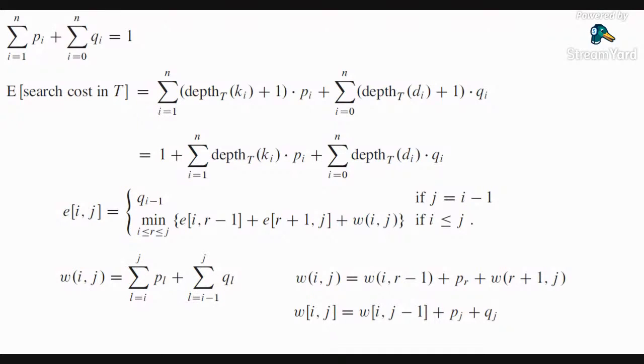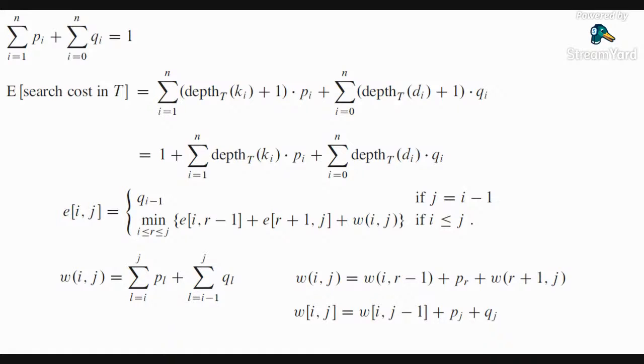But in the case of unsuccessful search, the initial index starts from i minus 1. So a single key from i minus 1 to i minus 1 is considered, and that is nothing but an unsuccessful search. For that unsuccessful search, the probability is nothing but q(i-1), when j is equal to i minus 1. So we just consider this unsuccessful probability. For an example, if we consider E43, what do you mean by E43?